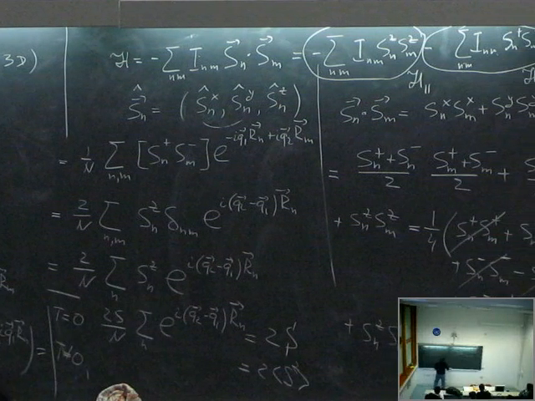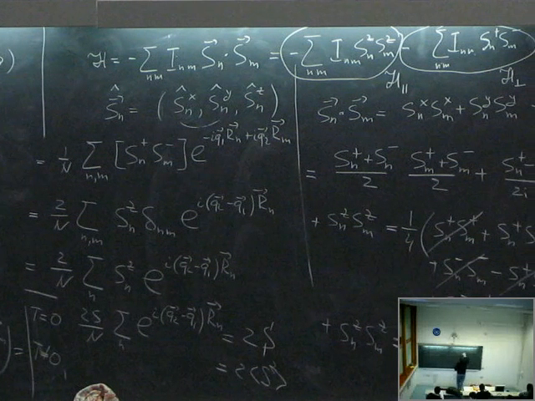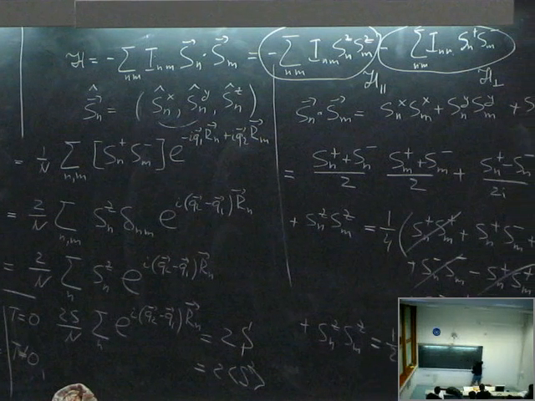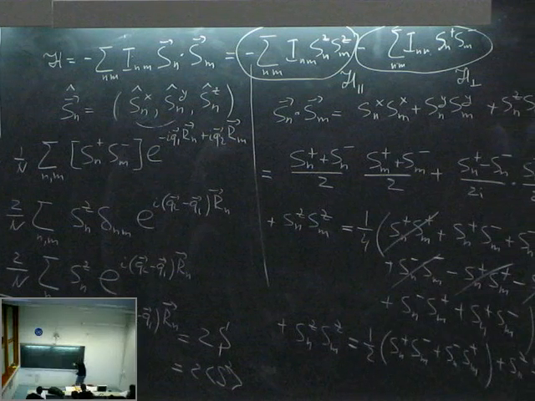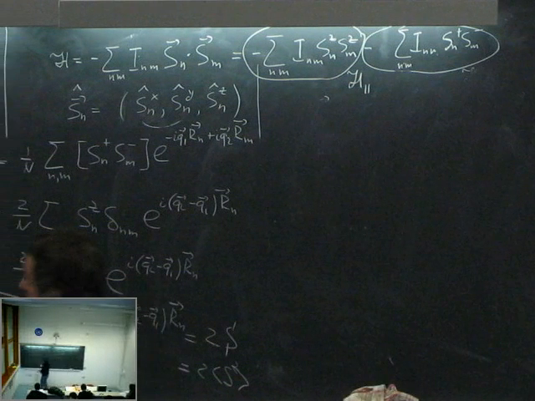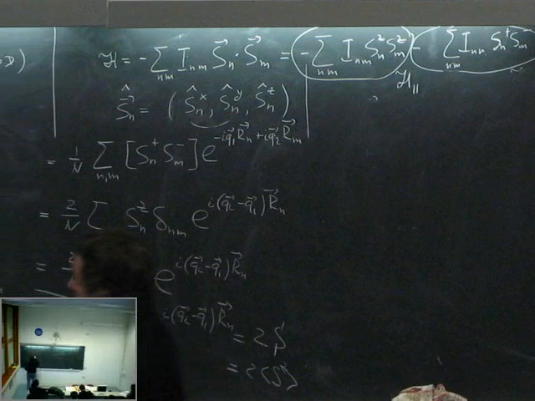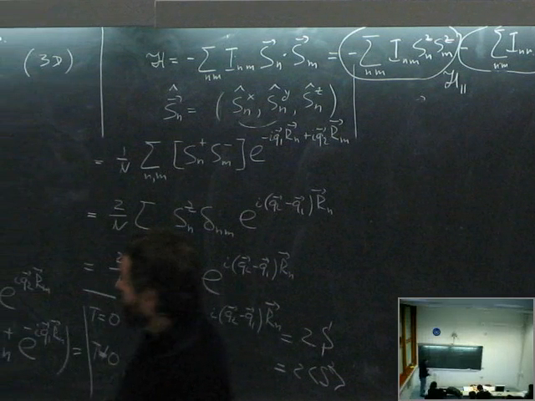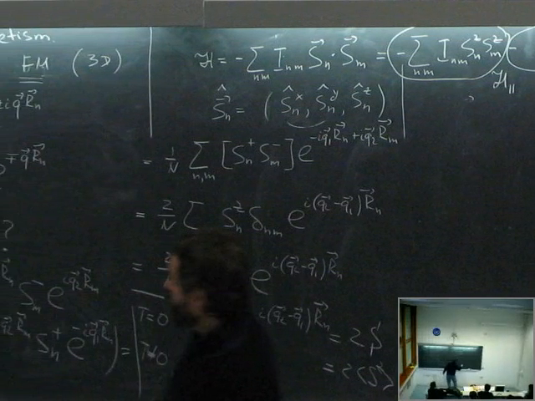Namely, I said that the commutator of two components is 2S times delta function.